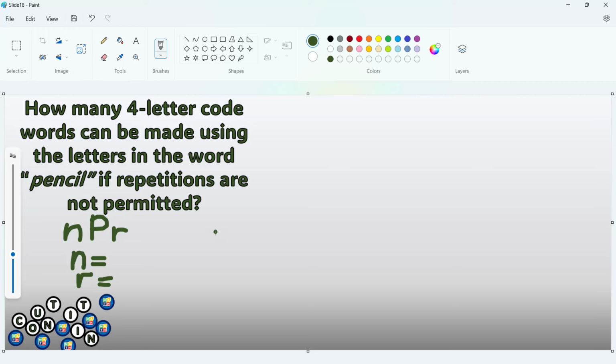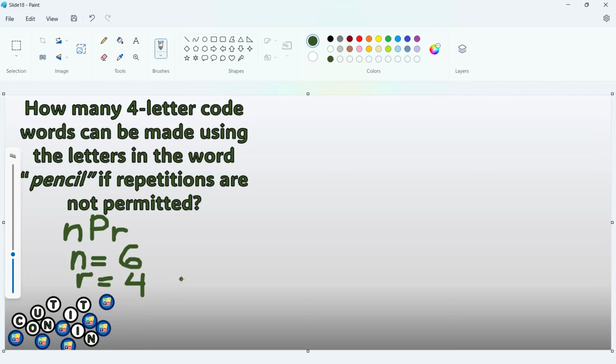In this case, our n here would be the number of letters in the word pencil. So we have 6 letters, and we are going to take 4 out of the 6 at a certain time, because we would like to have a 4-letter code word. The second condition before we can use permutation is that the arrangements of similar 4 letters, when they are arranged differently, are counted separately.